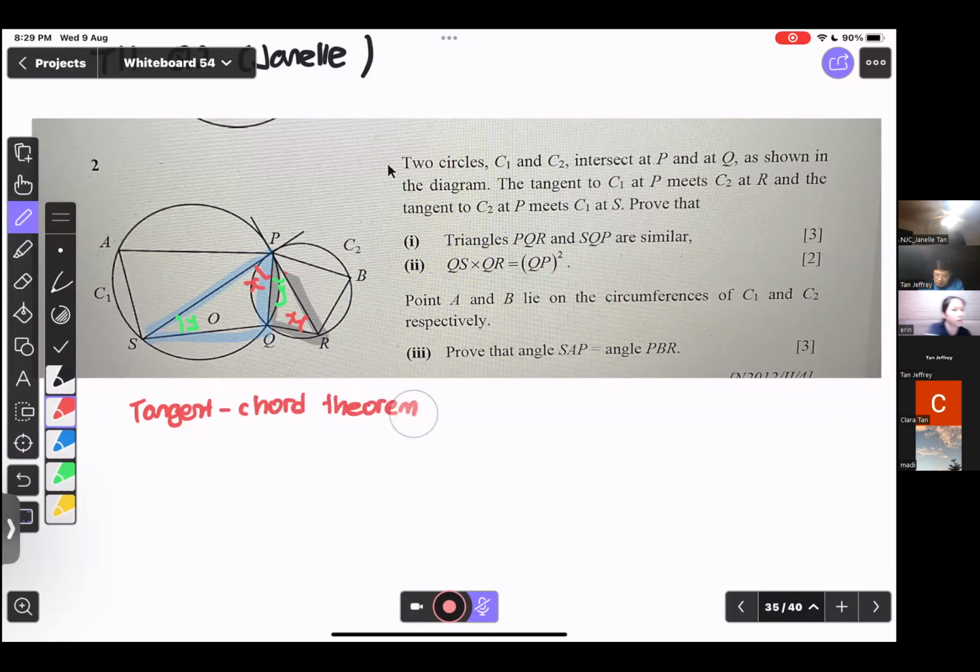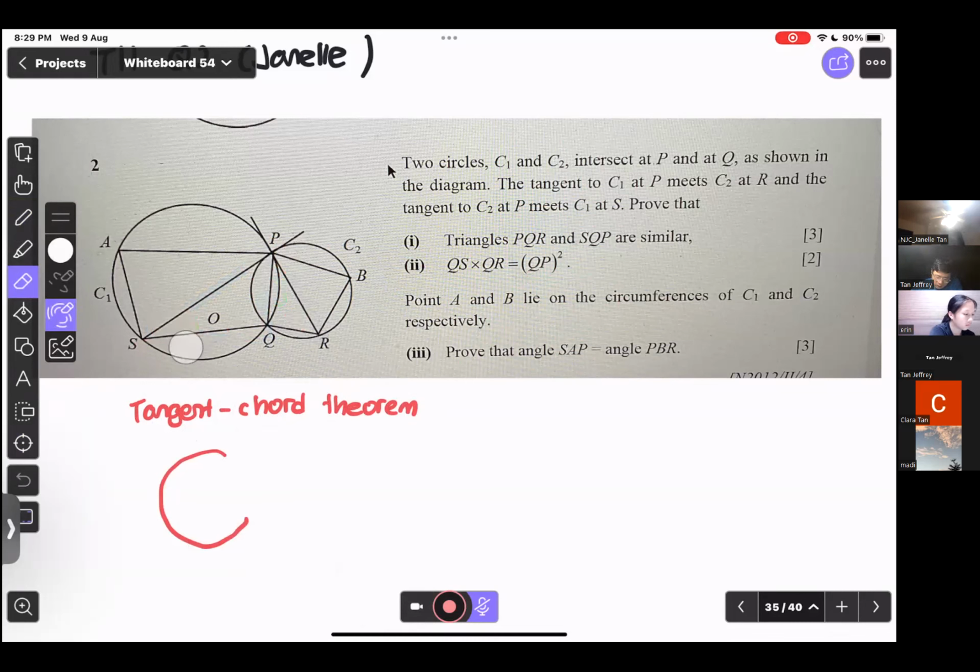I think I see it now. Okay, let me make it better. Let me draw, okay, red color. I draw the red color line, and then I draw this one, tangent chord. Then you see this red color angle and this angle are the same. Is it okay?